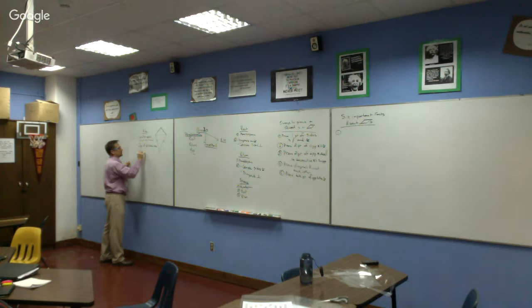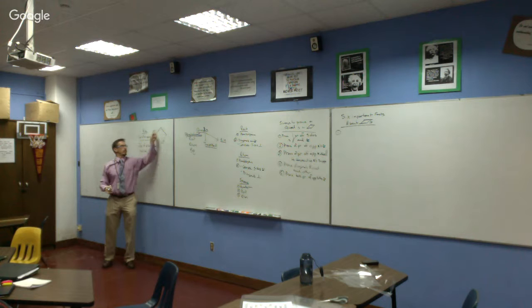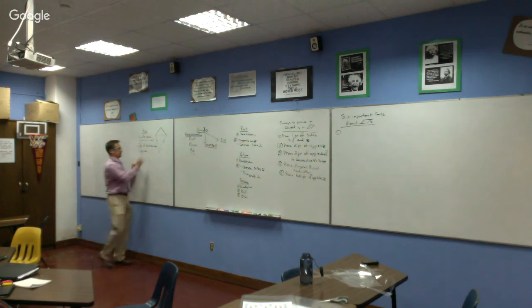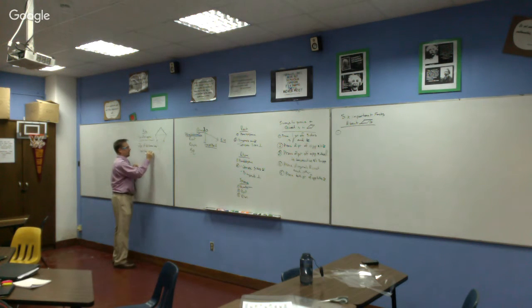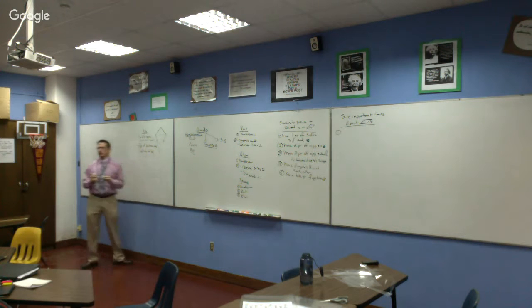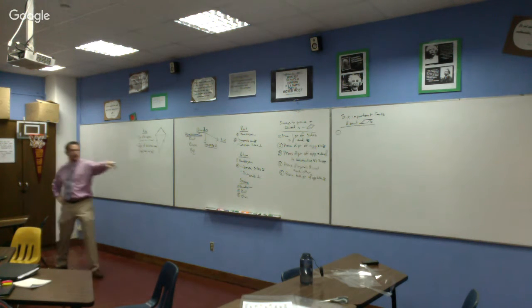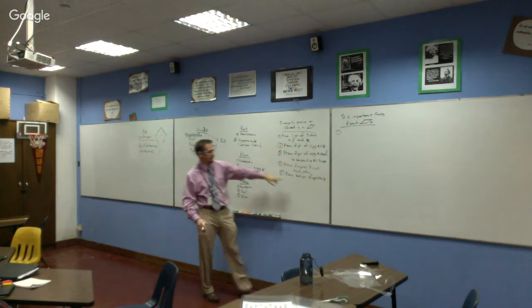Opposite sides, though, what do you know about them? Are they congruent? No. So opposite sides are not congruent. What would happen if both pairs of opposite sides were congruent? Would this thing be a kite? No. Maybe a rhombus, but a little more generally, it would be a parallelogram, because both pairs of opposite sides are congruent.